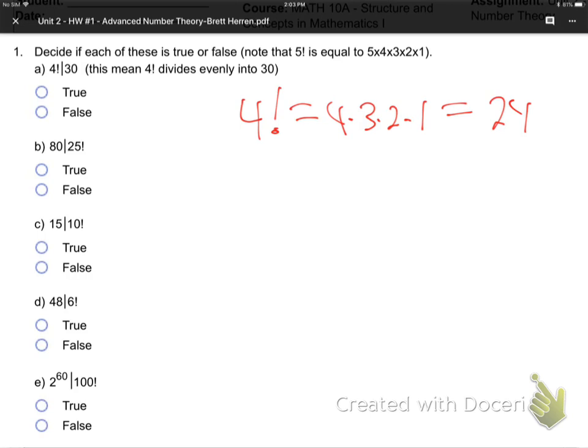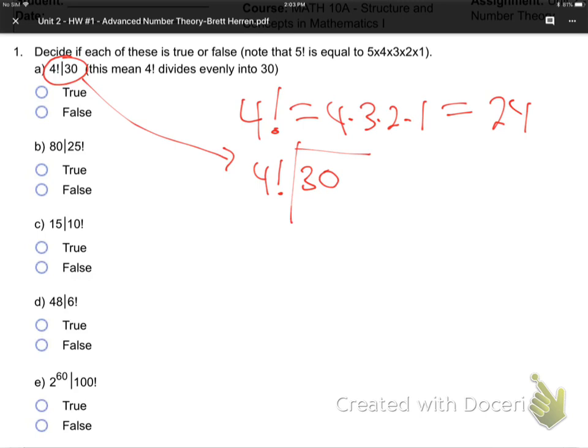So the question is, question A, 4 factorial straight line 30. That means 4 factorial goes into 30. Remember, those straight lines mean divides into, like the straight line for a long division. So we're saying, does 4 factorial divide into 30 evenly, with no remainder?